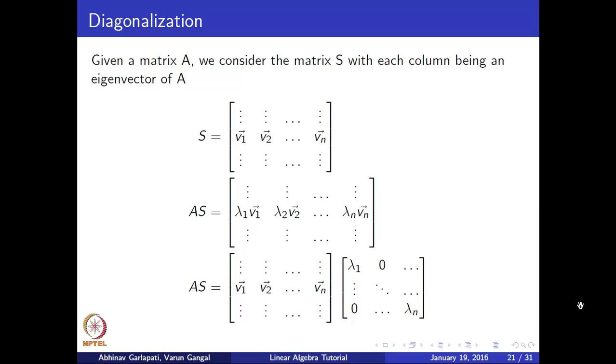This right-hand side can then be simplified as the product of two matrices, the first one being S itself, while the second one being the diagonal matrix where the ith diagonal element is the eigenvalue lambda i. Remember that the LHS is AS.